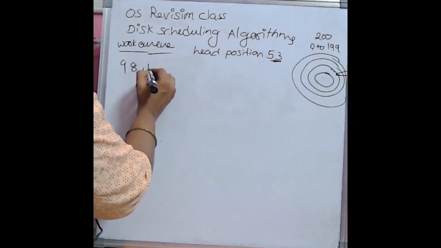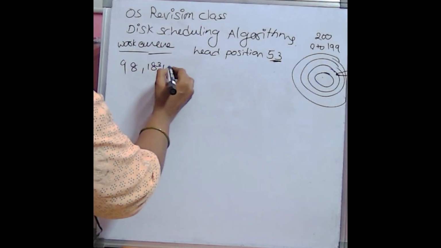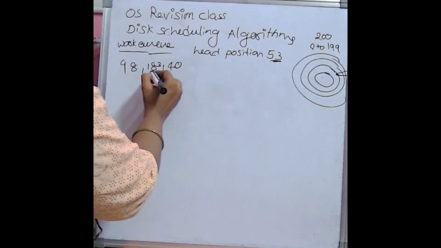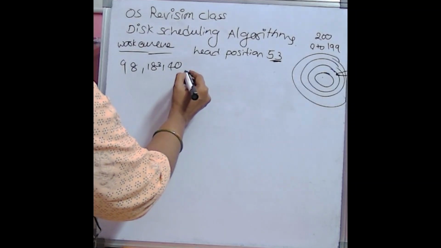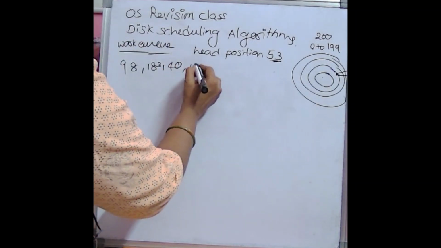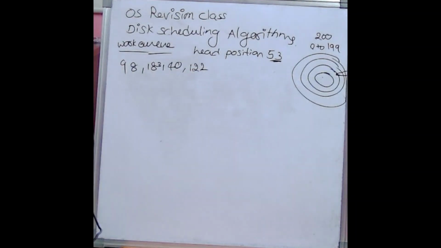So this is the work queue that I will give you here. Cylinder number 98 is required first to read or store the data. After that 183, 40, 122, 10, 124, 65. For example purposes I am taking all these.